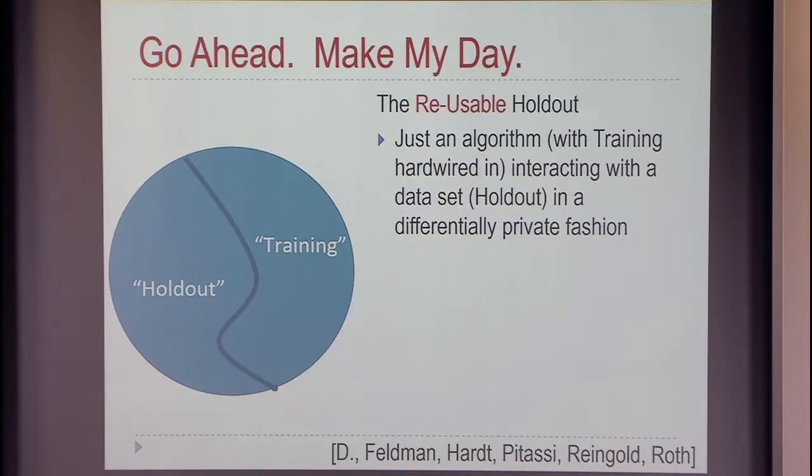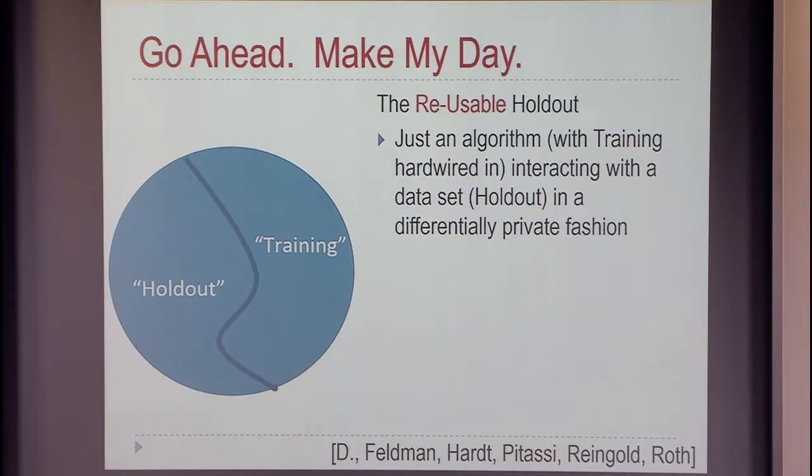So what do I mean by this? Work on the training data set the way you have always worked on your data. So take your data, randomly partition it into holdout and training, and then do everything you used to do on the training set, just as you did before.